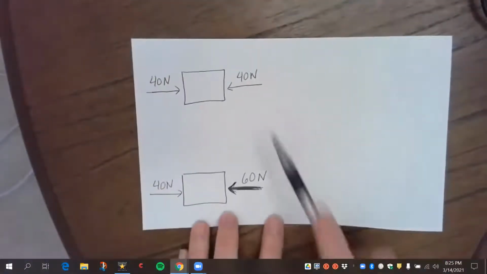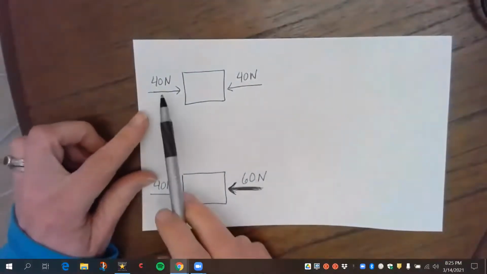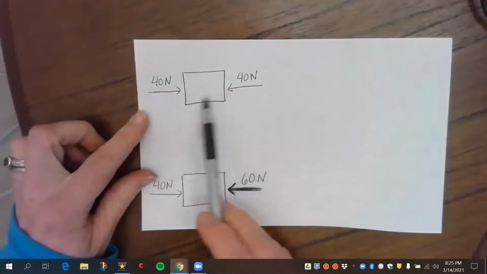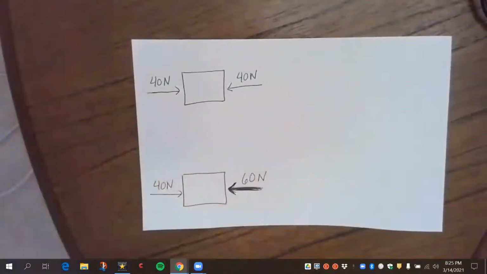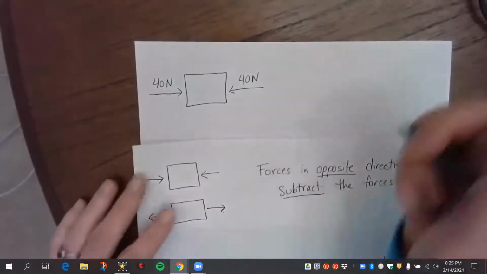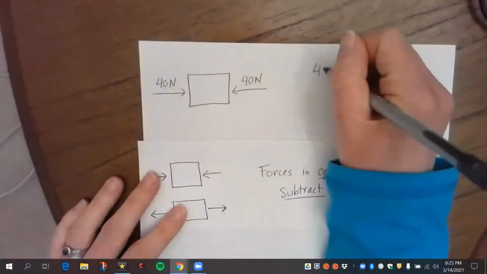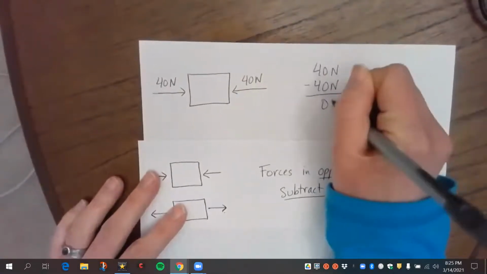All right. Let's remember our unit of force, capital N, the Newton. If we look at our first picture, we have a force to the right and a force to the left. So these are opposites, and that means we need to subtract them. So I will do 40 newtons minus 40 newtons, and we get 0 newtons.